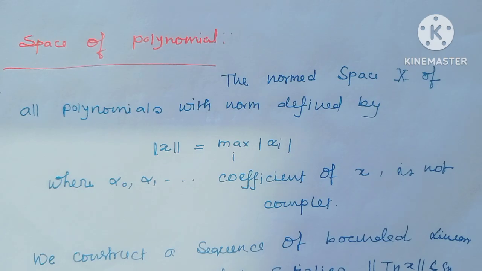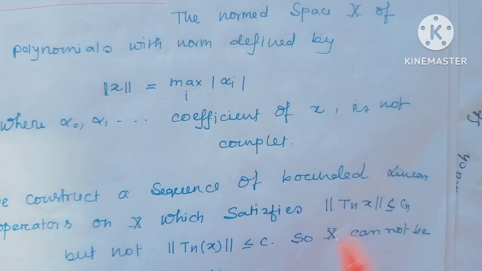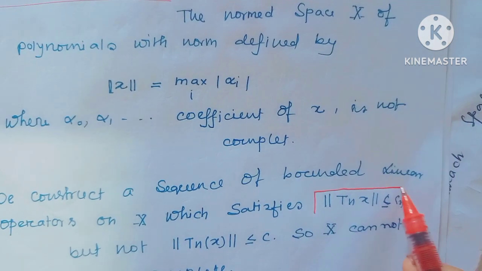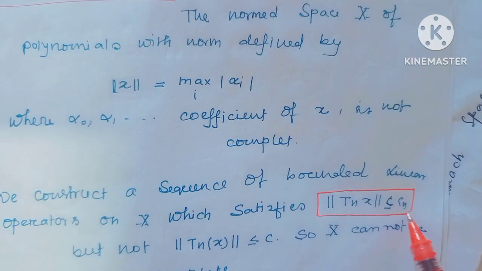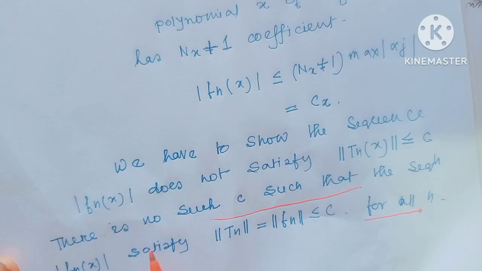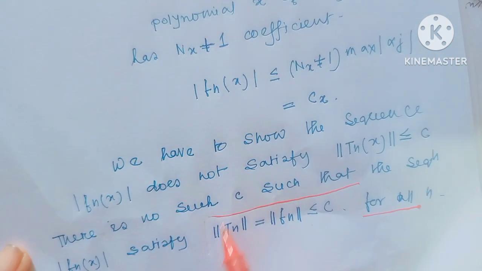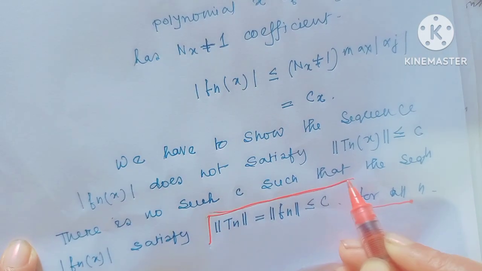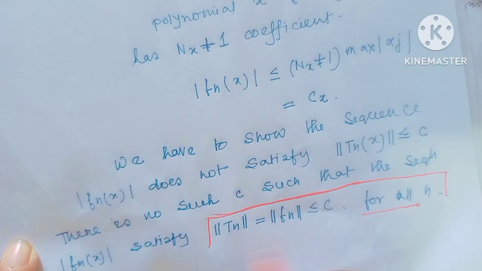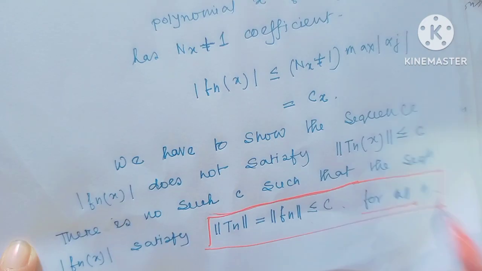Why? We construct a sequence of bounded linear operators on X which satisfies norm Tn x less than or equal to Cx. But there is no such C such that the sequence fn satisfies norm Tn equal to norm of fn less than or equal to C. This is true for all n.